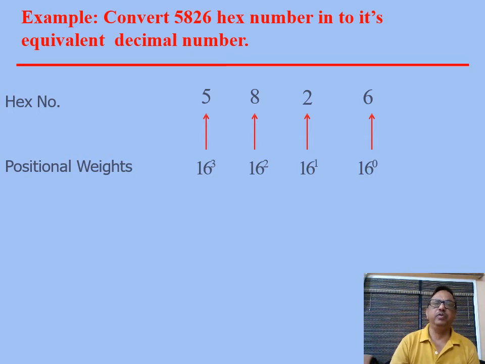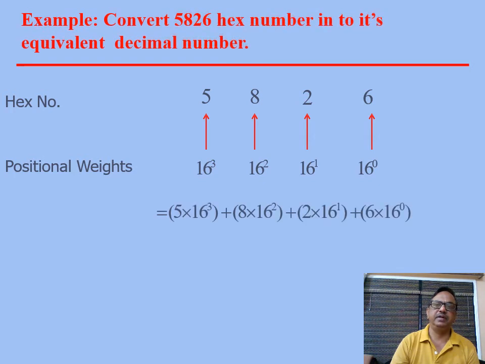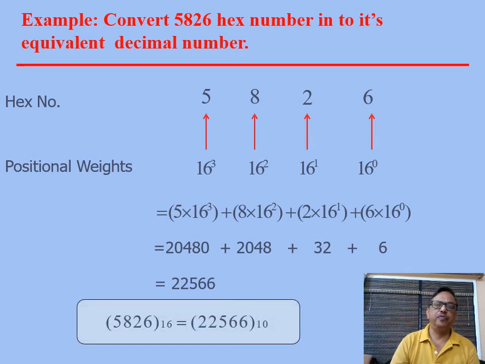Now we multiply each digit of the hexadecimal number with its positional weight and add them. We get the final result in terms of a decimal number. So 5826 of the hexadecimal number is equal to 22566 of the decimal number.